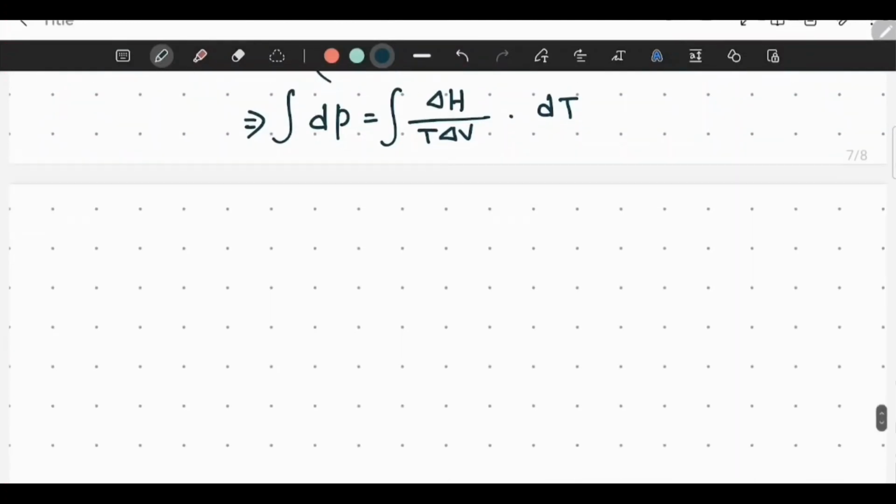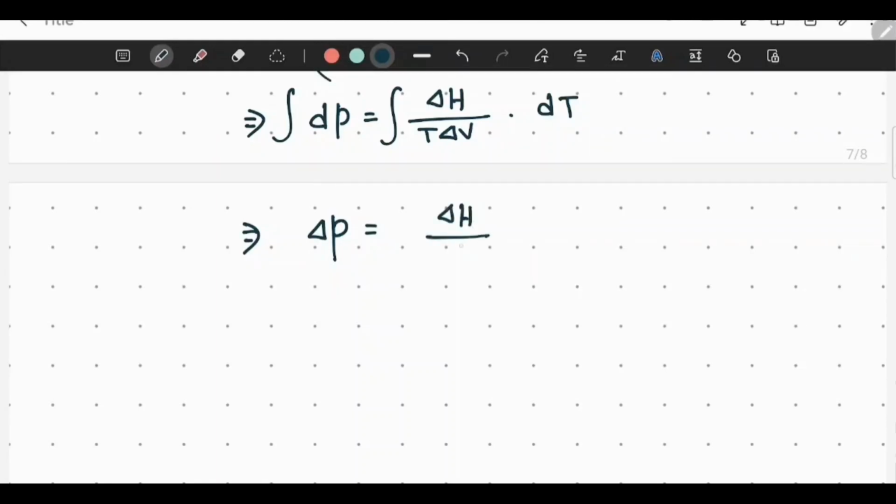Now we have to make integration. So it will be delta P equals del H by del V, and this integration will be dT by T. So what is dT by T if you integrate it?